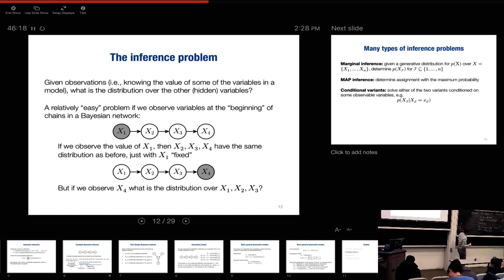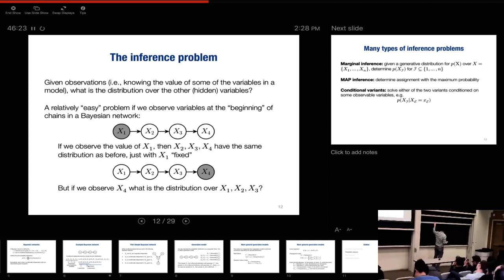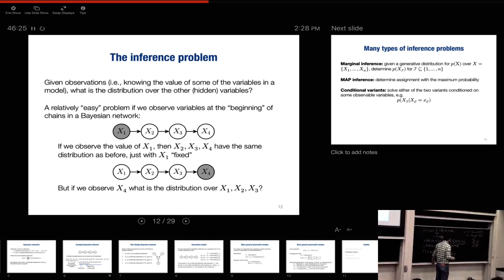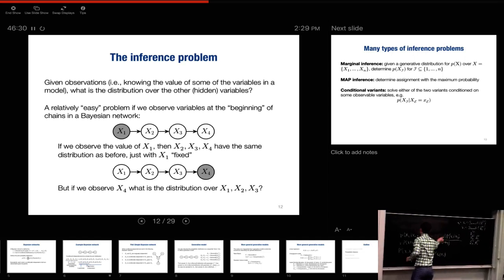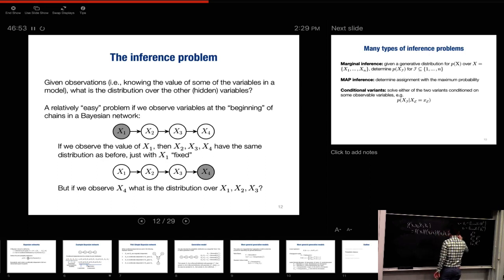I'm going back to my chain setting, where my distribution is specified according to the following: P(x1, x2, x3, x4) equals P(x1) P(x2 given x1) P(x3 given x2) P(x4 given x3).